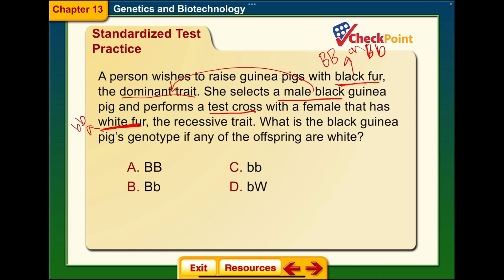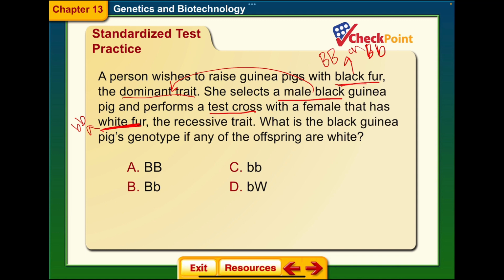So she wants to do a test cross to determine the black pig's genotype if the offspring are white. So she did a cross between this black-furred pig and this white-furred pig, and black is dominant and white is recessive.